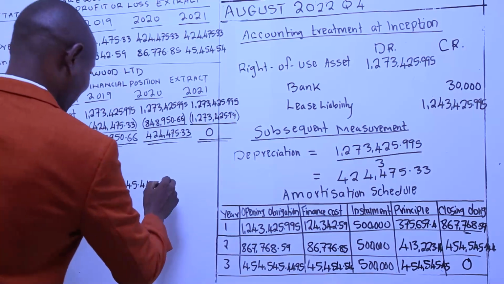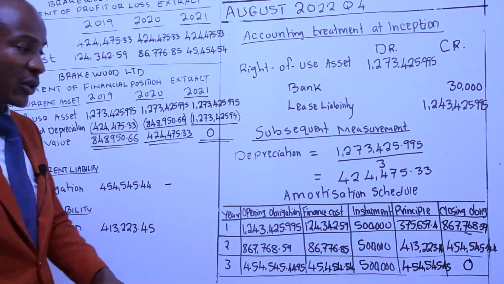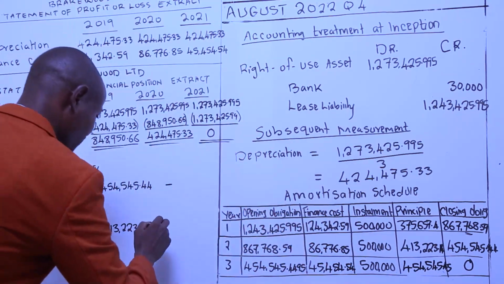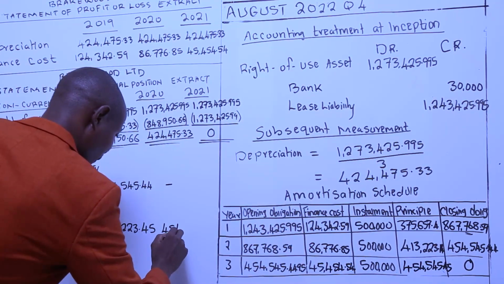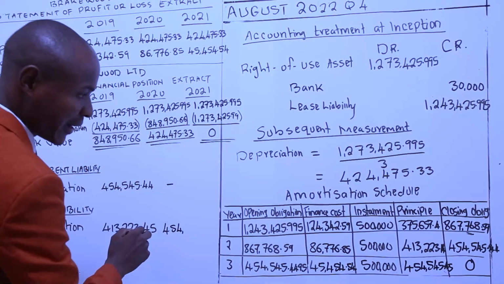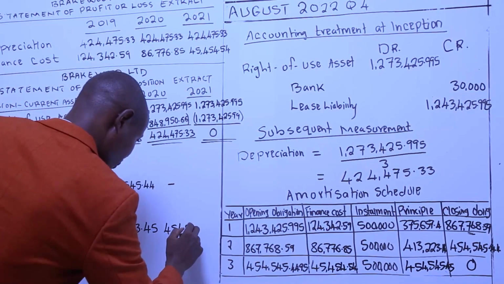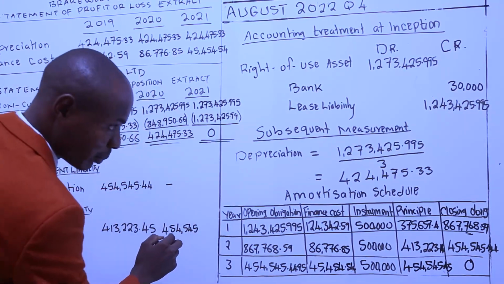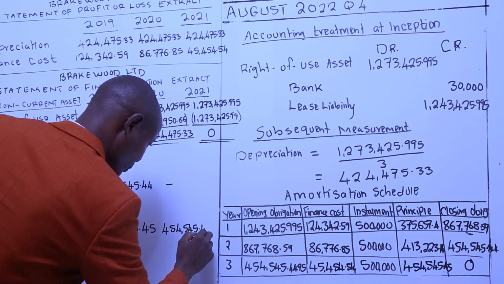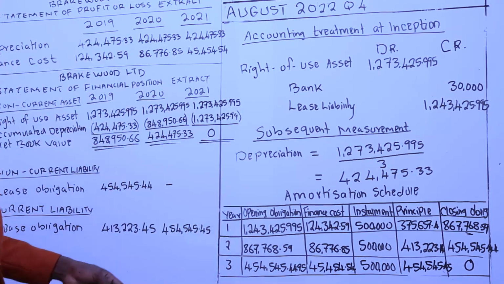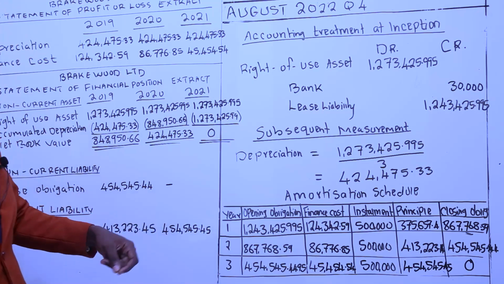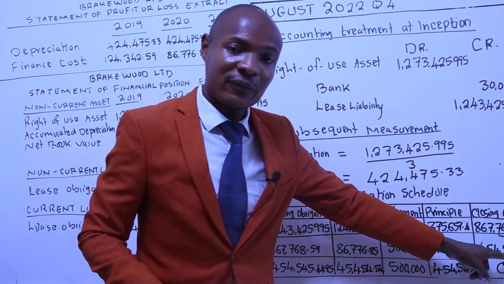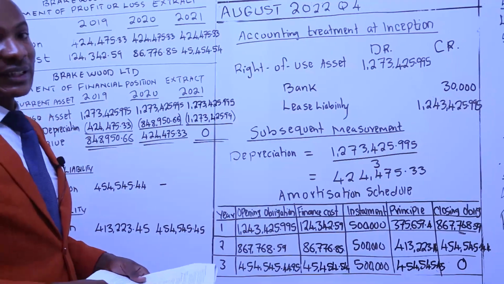So we don't have the non-current portion because it's 0, while the current portion is 454,545.45. If you add these, you get the obligation for the year 2020.